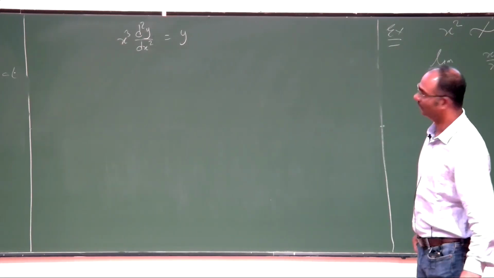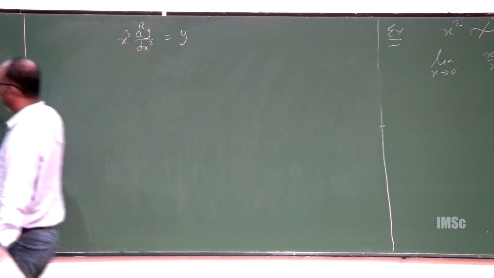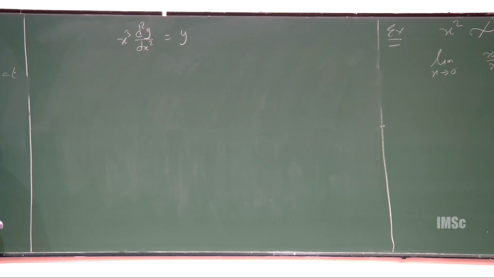You see, q is minus 1 over x cube, correct? I'm looking at point 0 now, x equal to 0. So I take minus 1 over x cube and multiply with x square.